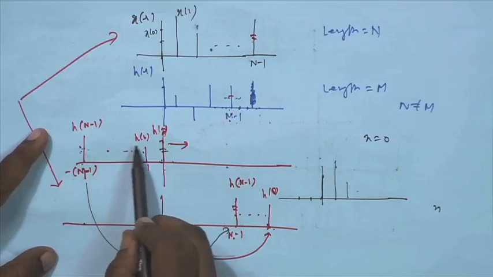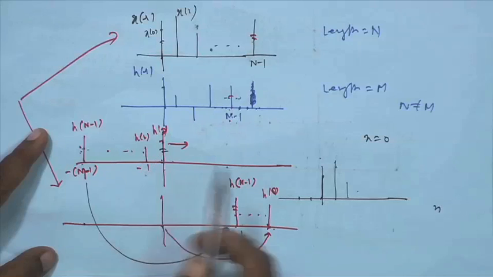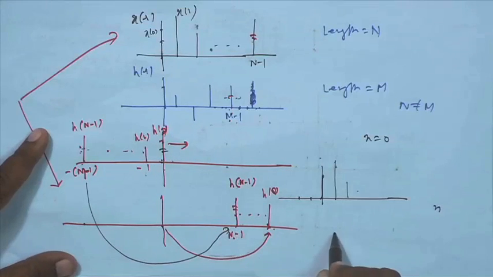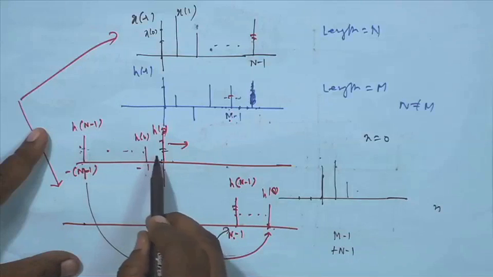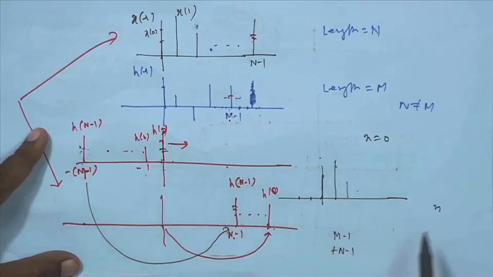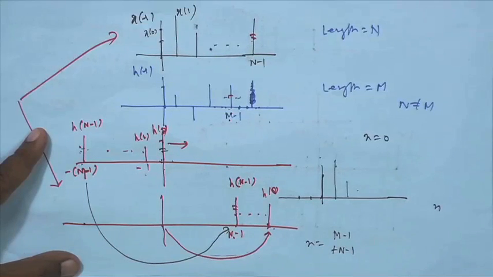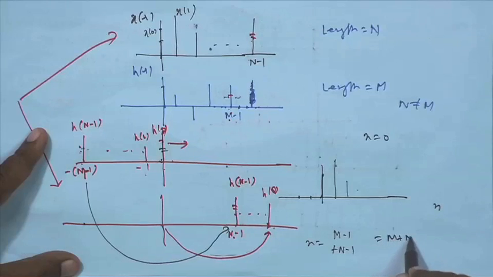So, it took m minus 1 points and then another n minus 1 points. M minus 1 shift brought it here, then another n minus 1. So, this much shift is equal to m plus n minus 2, all right.